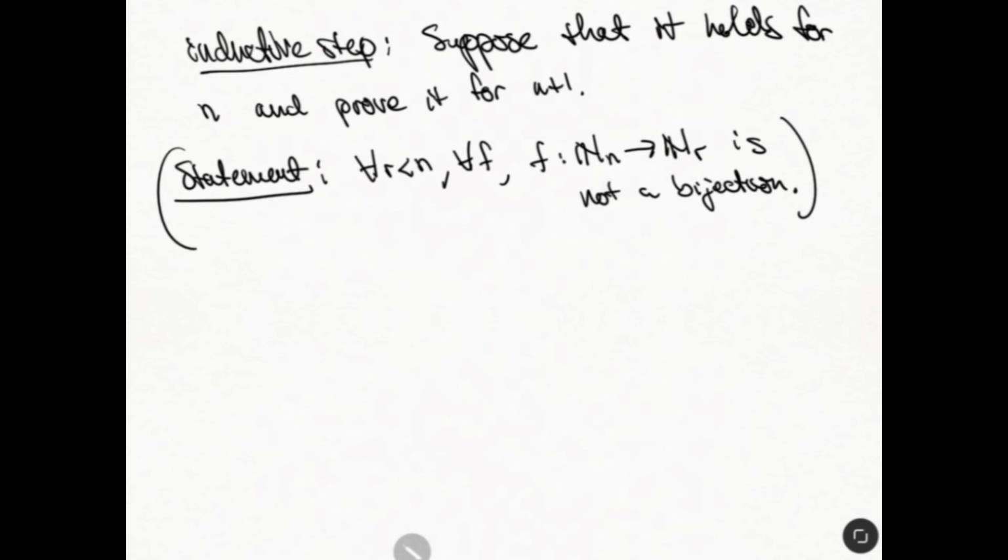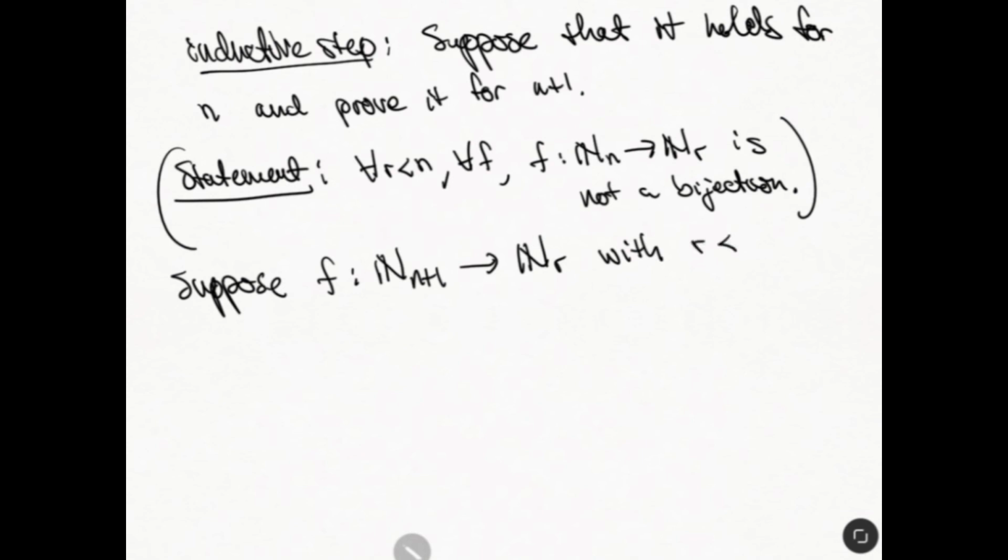Okay. So suppose now that f is a map here to N_r with r less than n.